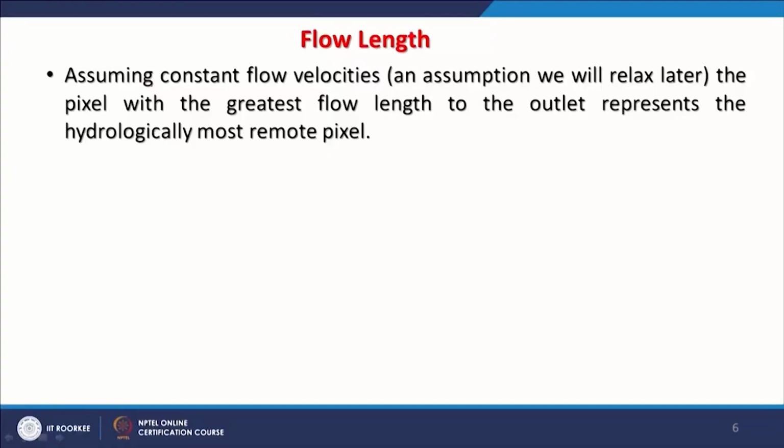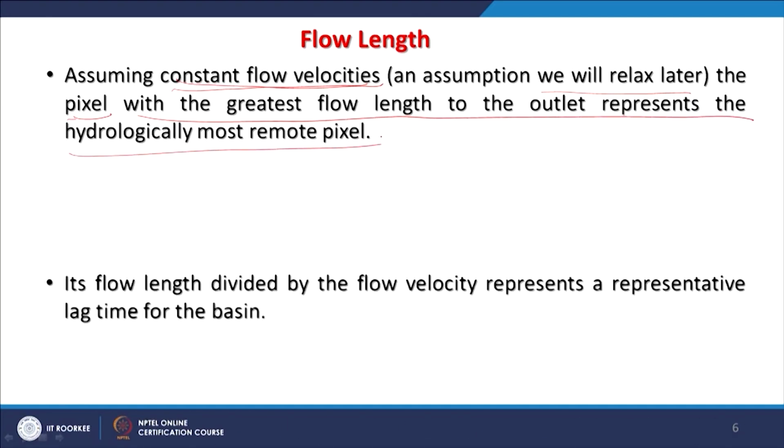So if we assume constant flow velocities, generally in modeling some assumptions will always be there. Here if we assume that the velocity through this travel path is constant, which maybe we will relax later, the pixel or the cell with the greatest flow length to the outlet represents the hydrologically most remote cell.